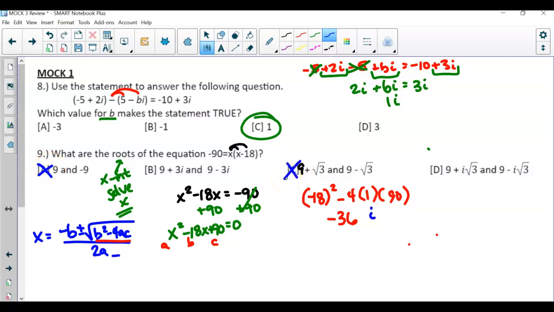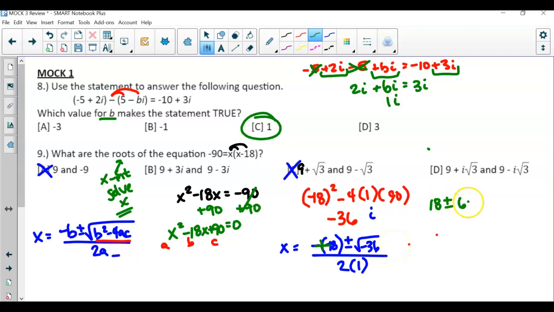So now I'm going to continue solving for x. So x is equal to -b, which is -18, plus or minus the square root of -36 all over 2 times a, which is 1. Now when I simplify, two negatives make a positive. So now I've got 18 plus or minus, well, the square root of -36 is a perfect square.